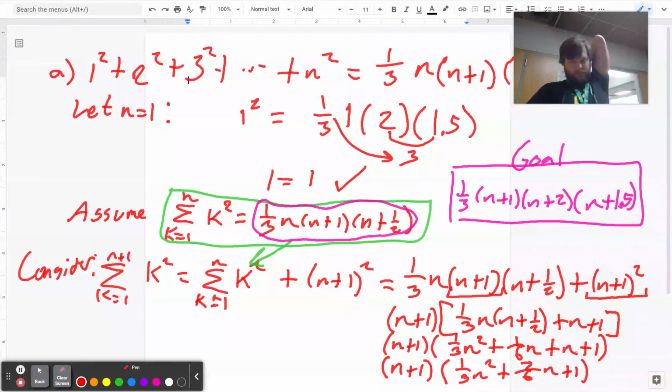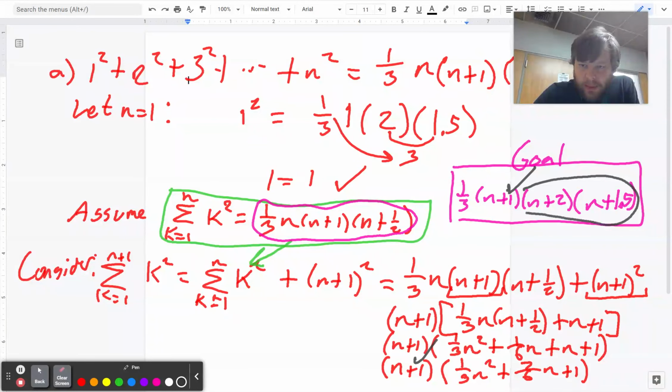And what I'm trying to do when I look at this is I can see I've already achieved n plus 1. Somehow from the rest of that I need to get an n plus 2, an n plus 1.5, and a 1/3 out of it. So I think I'm going to pull the 1/3 out here and then see what's remaining.